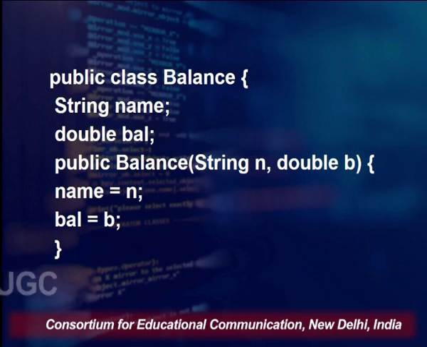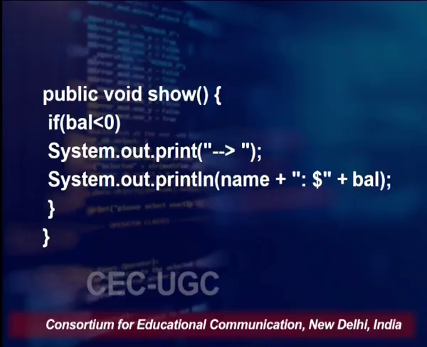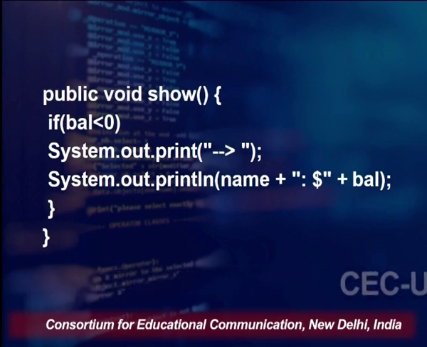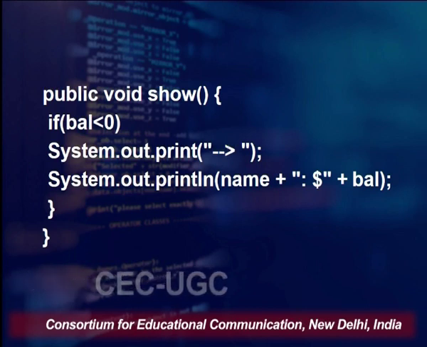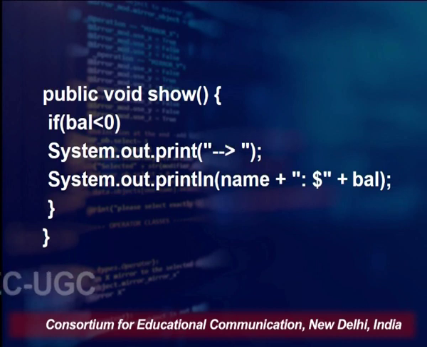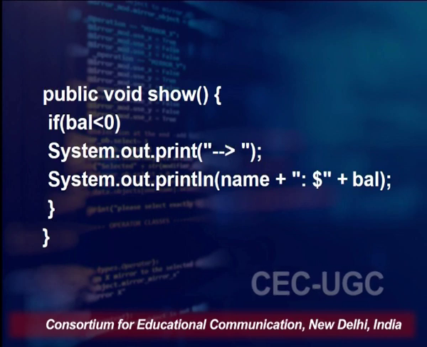The value of n is assigned to name, and the value of b is assigned to bal, and this is a very common structure which we have gone through many times. Then there is a show method which returns nothing, so void, but this method is also given the access modifier public, and within this we have written: if balance is less than 0, then it has to print the name and the balance with the qualifier $.